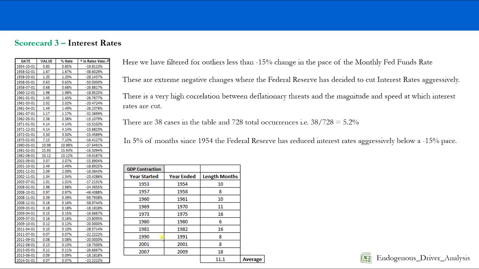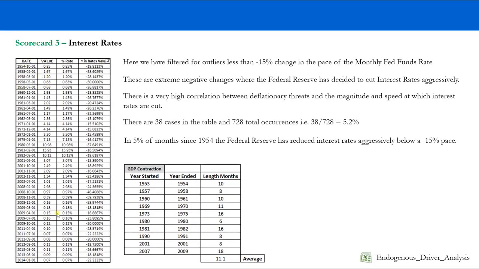We have in 1990, this is one of our anomalies, 1990-91, there wasn't very aggressive cuts in response to this GDP contraction. In 2001, there certainly was, and we can see that in October and November in response to September 11th. And in 2007-2009, the last financial crisis, we can see very aggressive pace cuts coming in 08-09, and even aggressive pace cuts coming recently.